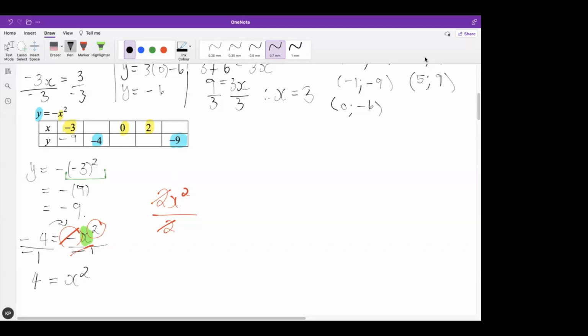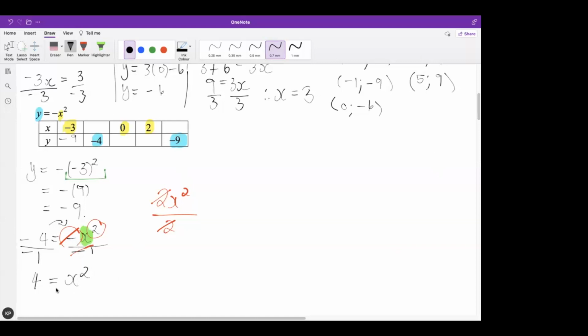What do you guys think? How do we get rid of the square? Anybody know? There we go.